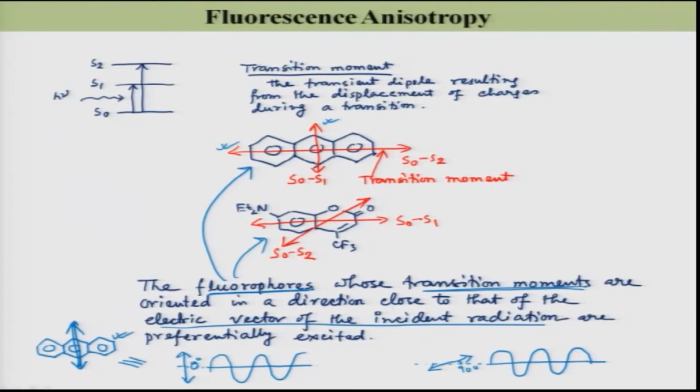So, that is what I am telling here. The fluorophores whose transition moments are oriented in a direction close to that of the electric vector of the incident radiation. So, here the orientation of the transition moment is close to that of the electric vector of the incoming light. This is my excitation light source.